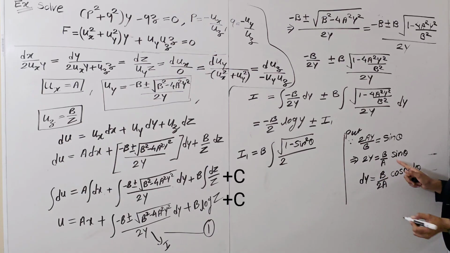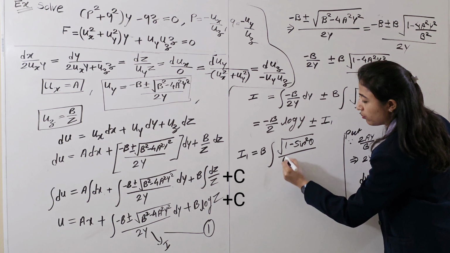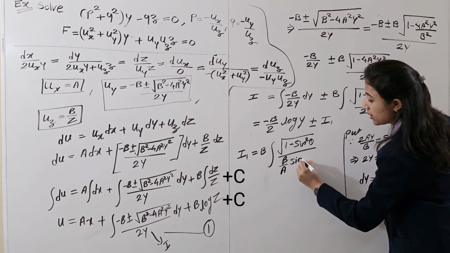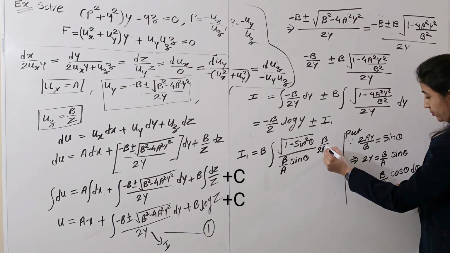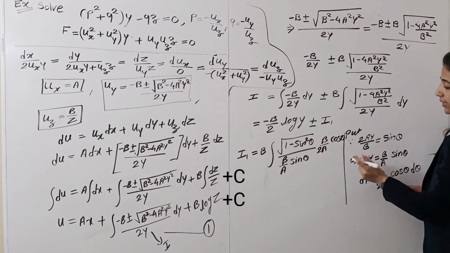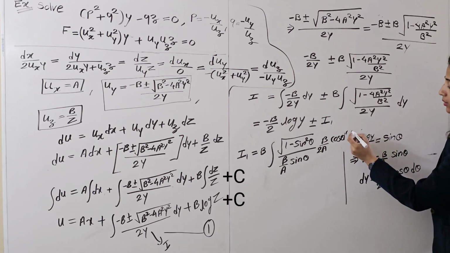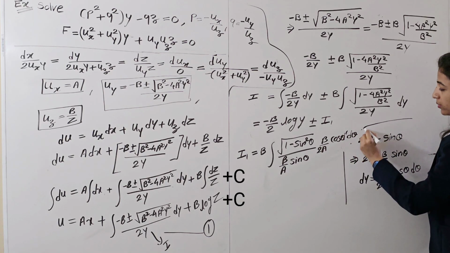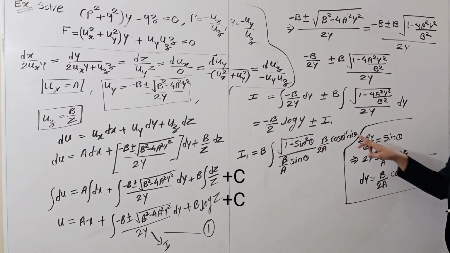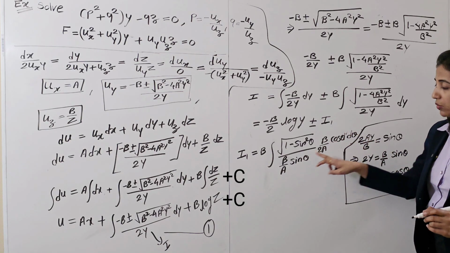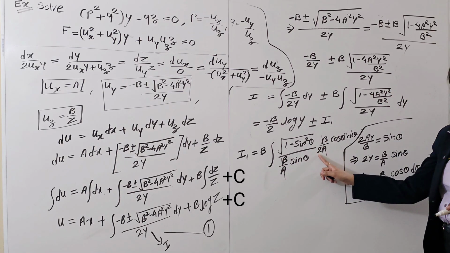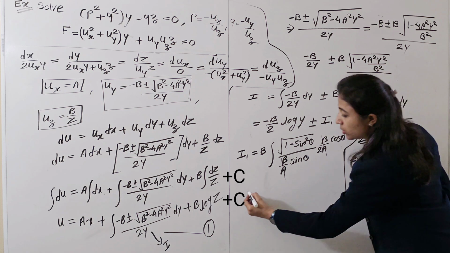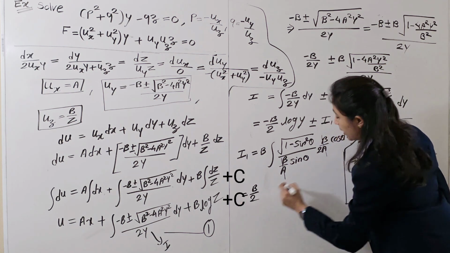Here 2y is b by a sine theta, and dy is b by 2a cos theta d theta. So this is the substitution. Now in the next step, if we cancel out this b by a, numerator and denominator b by a get cancelled. This 2 is a constant, we can take outside the integration. So outside it becomes b by 2.